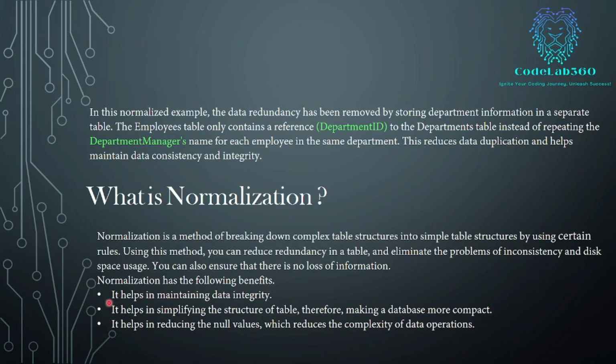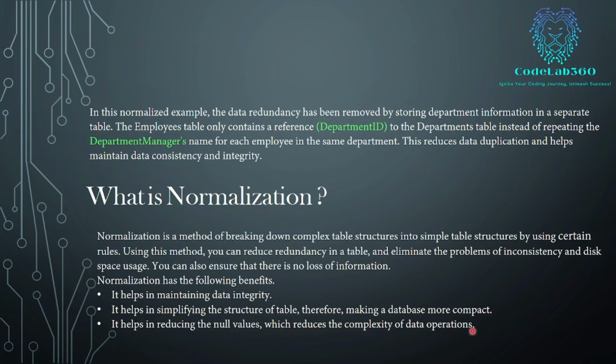Okay, so normalization has the following benefits. It helps in maintaining the data integrity. It helps in simplifying the structure of tables, therefore making a database more compact. It helps in reducing null values, which reduces the complexity of data operations.